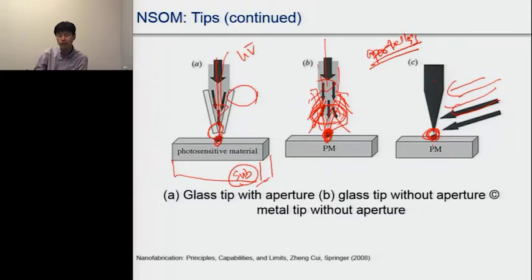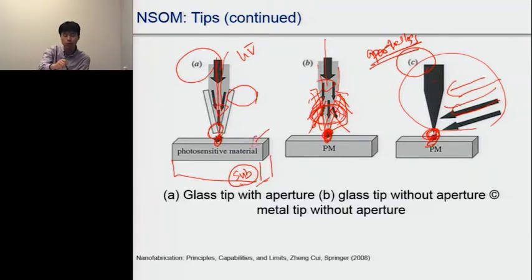So using that way, we can also use this kind of mechanism to expose certain areas. But this type of exposure of photosensitive material is also very complicated compared to approach A. So approach A is a much more straightforward way to expose this kind of photoresist material.